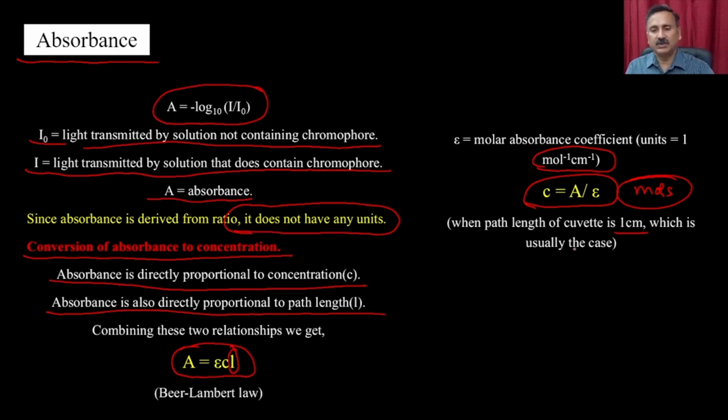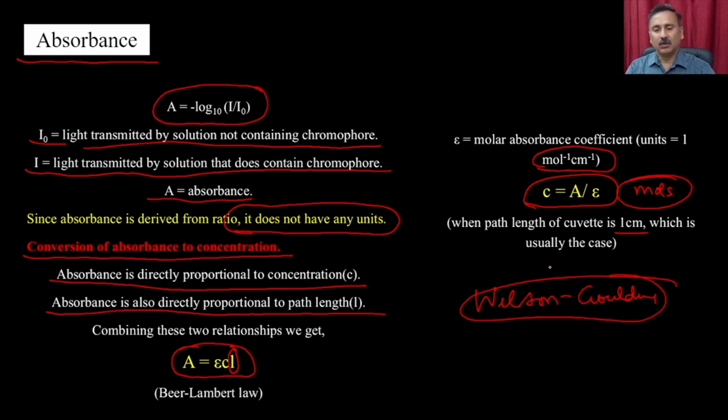That changes this particular relationship, but that is called the deviation from the Beer-Lambert law, and you can study it from any of the classical biochemistry or biophysics books, like, I think, Wilson and Goulding, right? Studying the deviation from the Beer-Lambert law is helpful to understand under what conditions the law will not be applicable, and then we should be a little more careful.